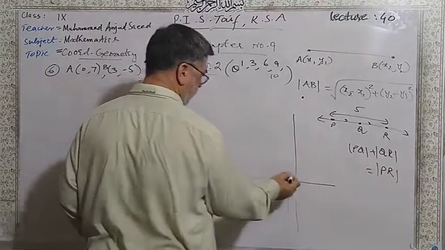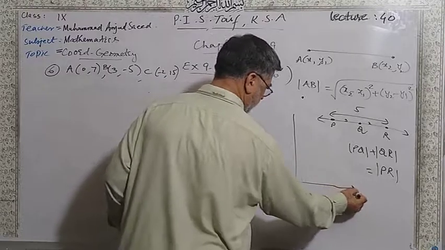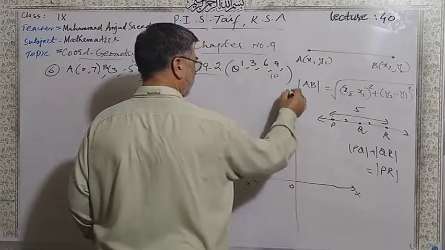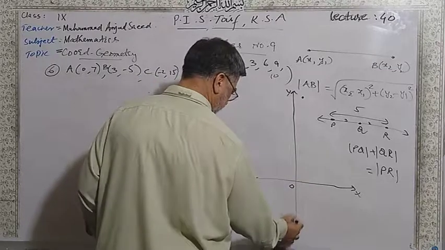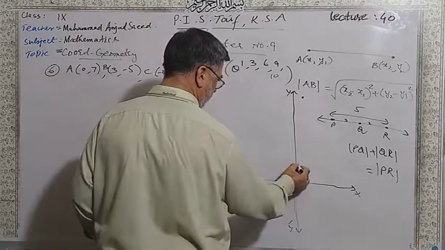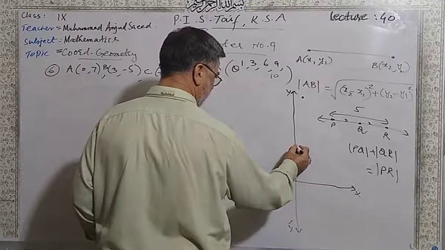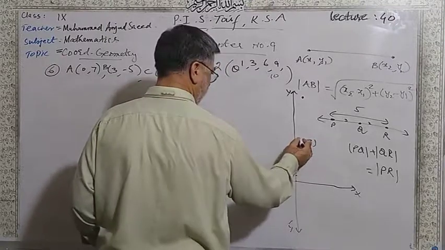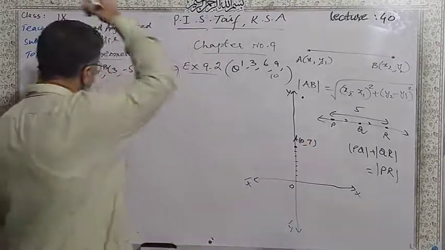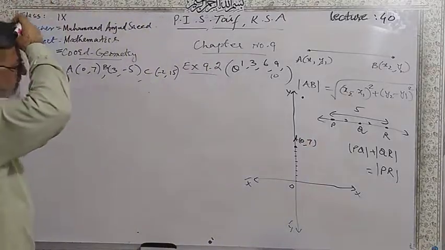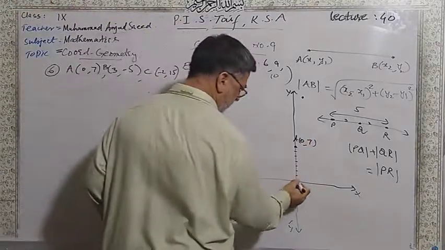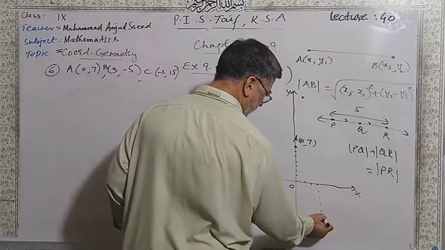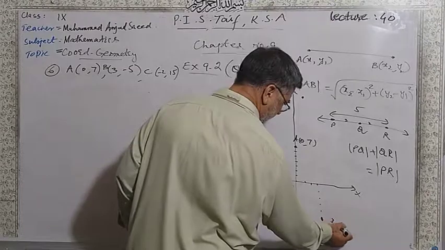Here is the x-axis and here is the y-axis. This is (0, 7), this is A. What about B? (3, -5): 1, 2, 3 along x, then 1, 2, 3, 4, 5 down.